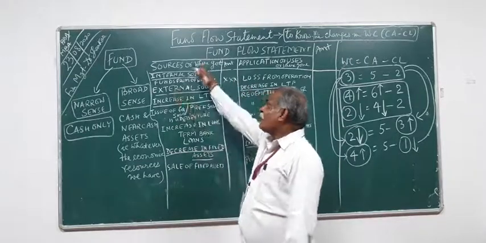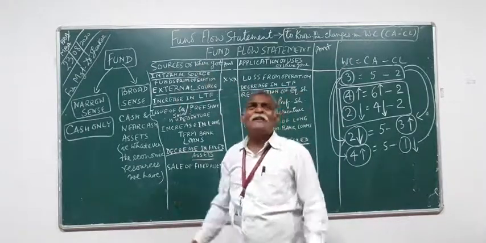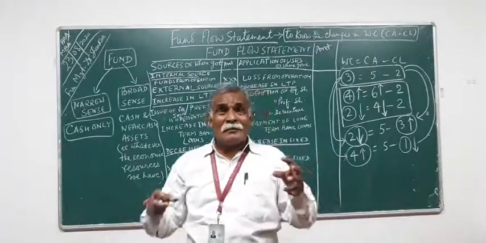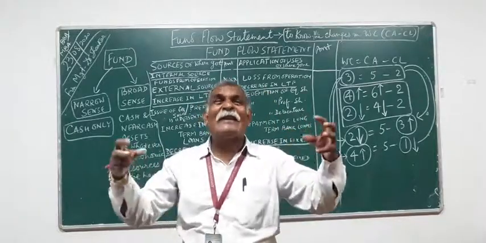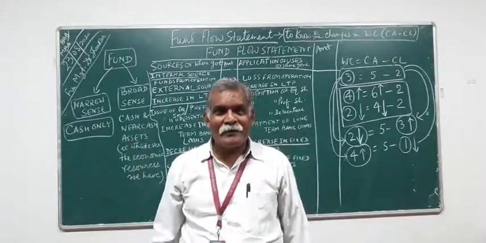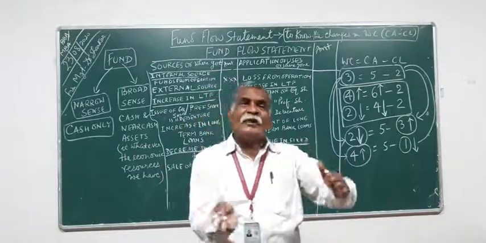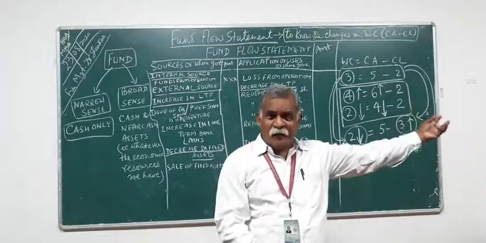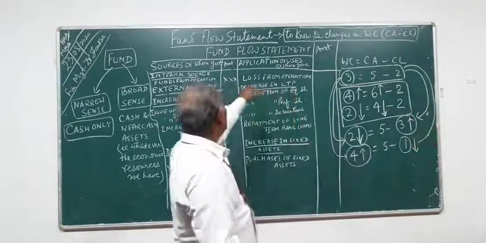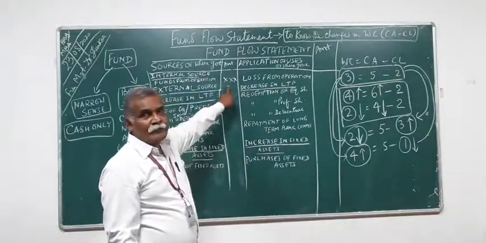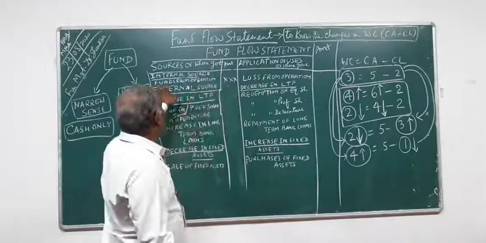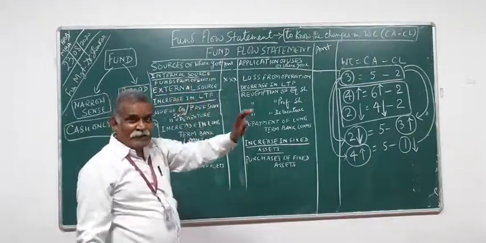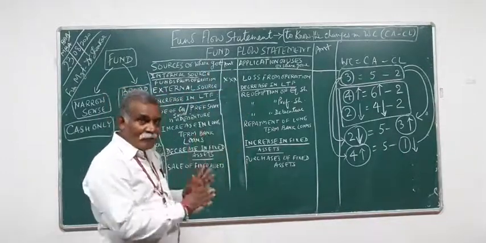You can write the funds from operation details here also, but it will make your fund flow statement very clumsy. So better you prepare the funds from operation separately, take the amount from that place and write the amount here. In this way, funds from operation is written in one line and it looks good, beautiful.